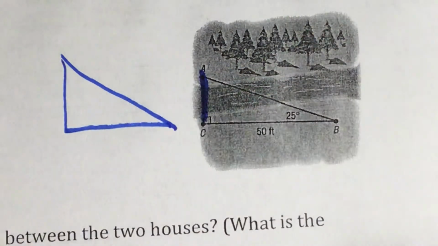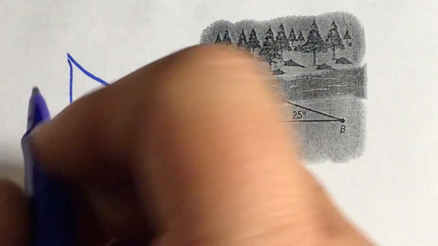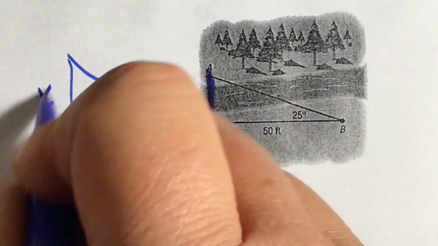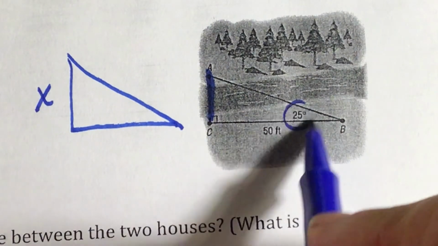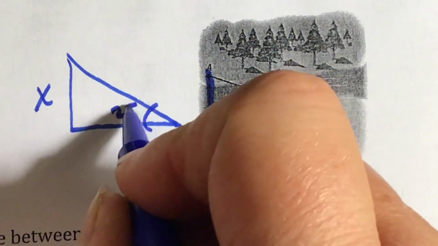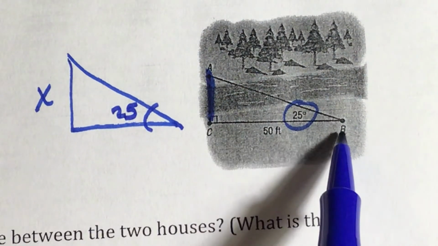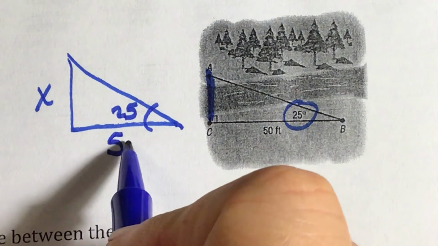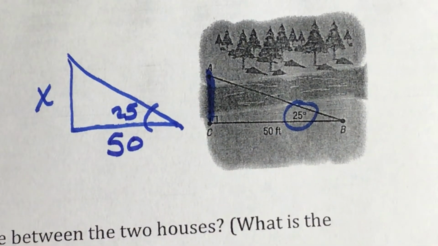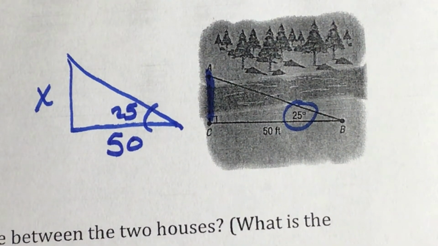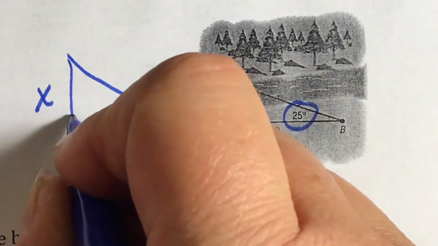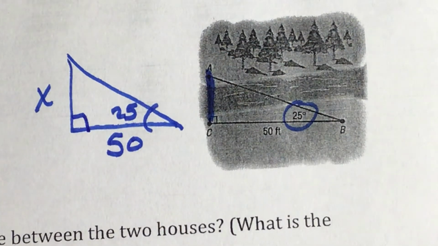So we're finding this width. This says this is 25, and the length down here is 50 feet. And it does say that it's a right angle.